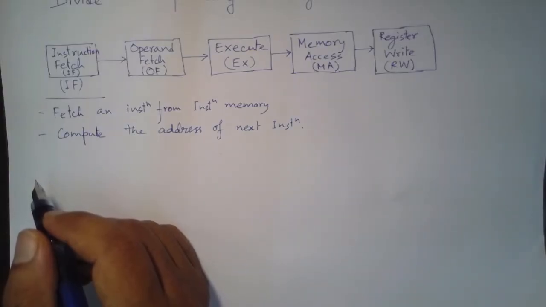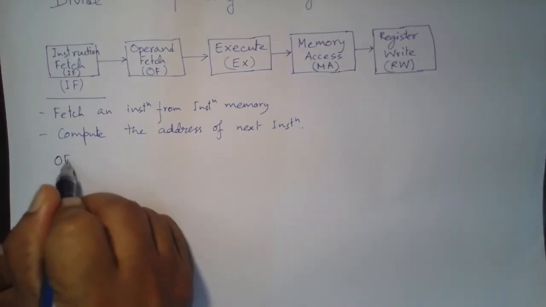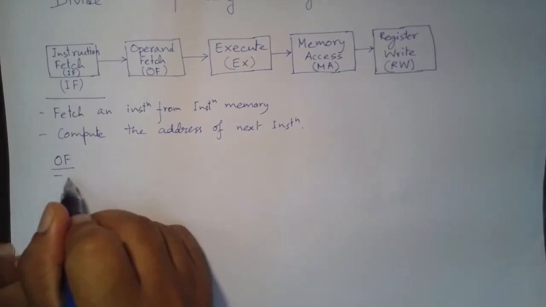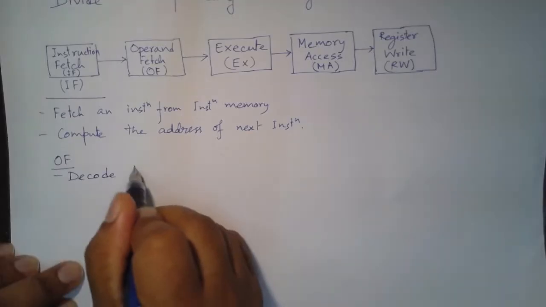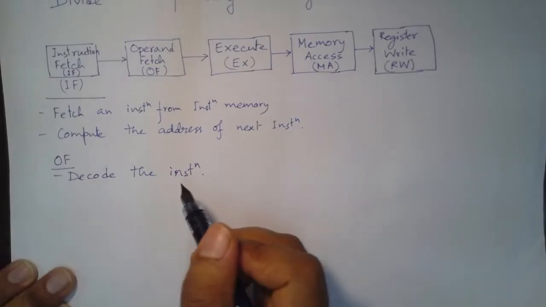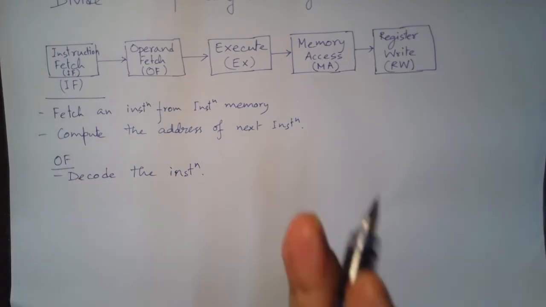If you remember, in simple RISC we have 21 instructions, and to encode these 21 instructions we need at least 5 bits, and that is where those 5 bits come from. So the first thing in the OF stage is to decode the instruction. Decoding the instruction also means that you break the instruction into different fields.